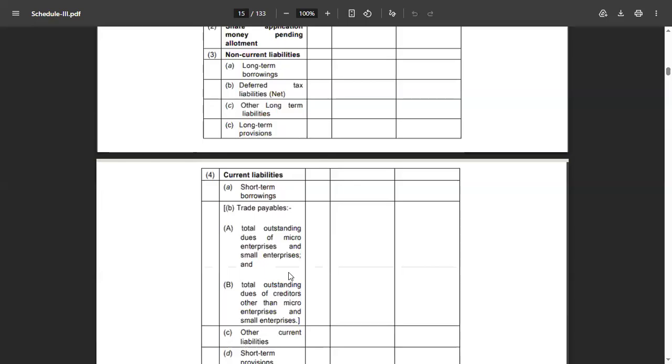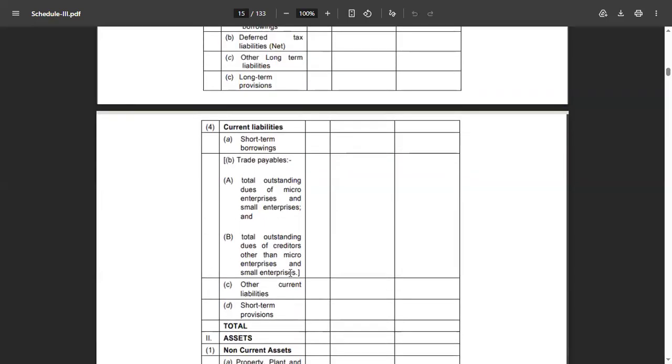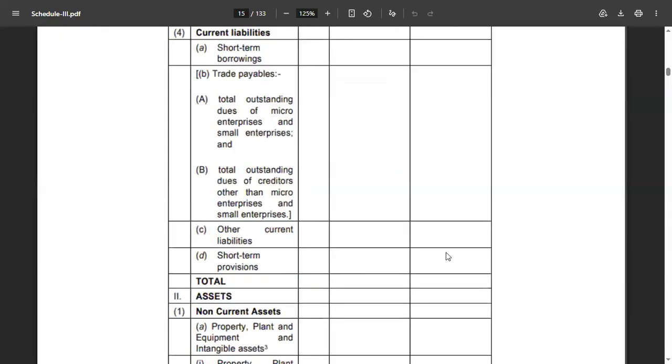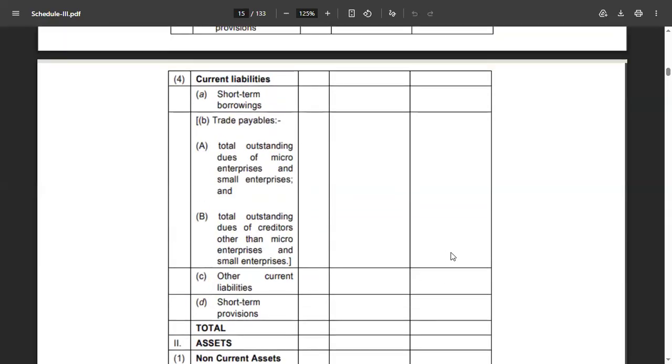Let's go to the second part of the balance sheet. This block talks about the current liability. The current liability is that part which is obligations, and it is the responsibility of a business to pay back.